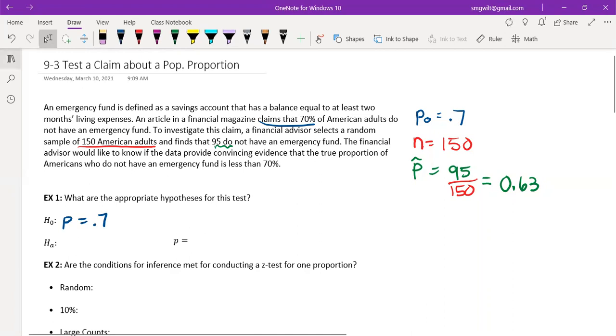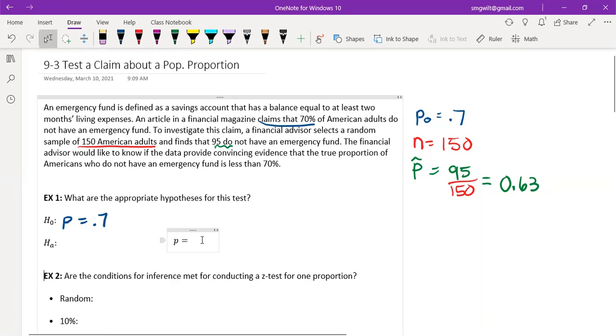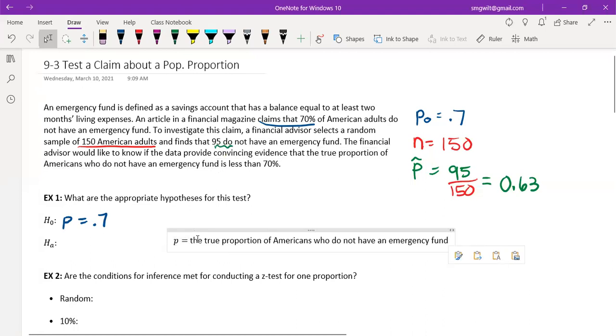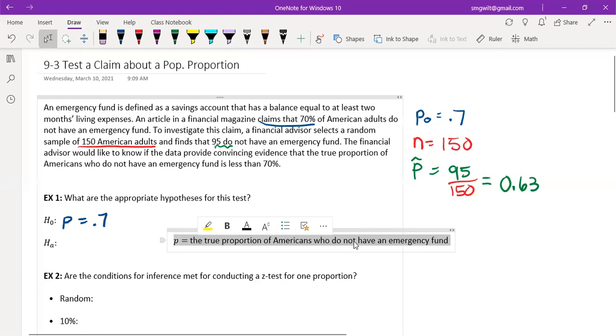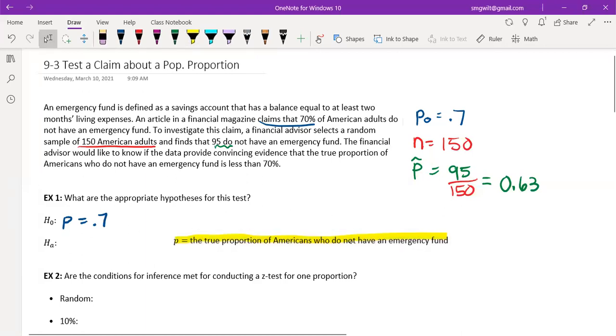Remember that what we want to add here is what the description of p is. So p is the true proportion of Americans who do not have an emergency fund. I'm just going to copy and paste that rather than write it. I'm going to highlight where I got that from.